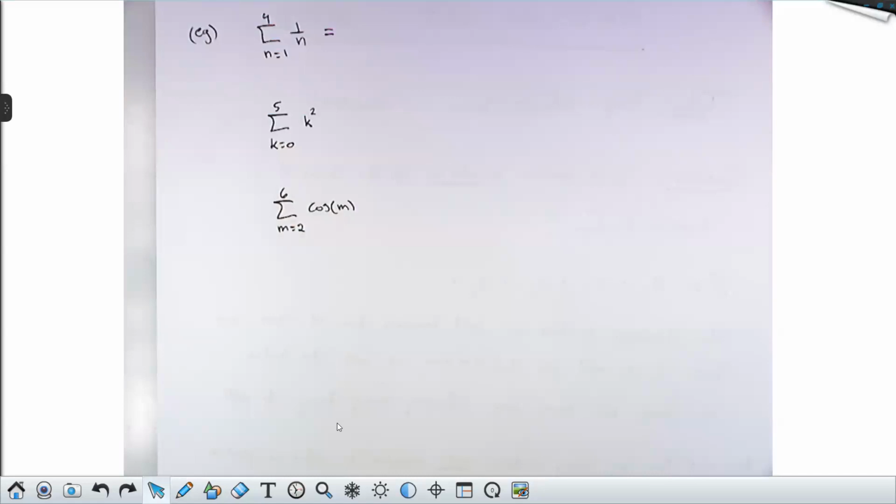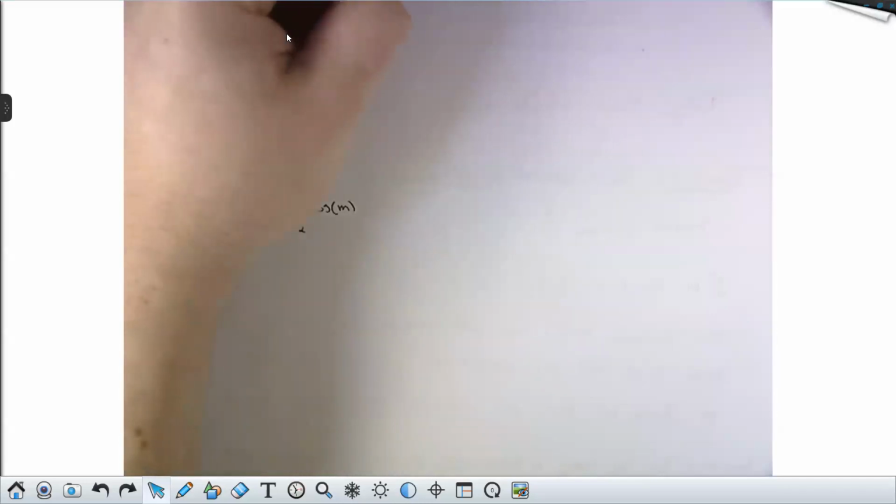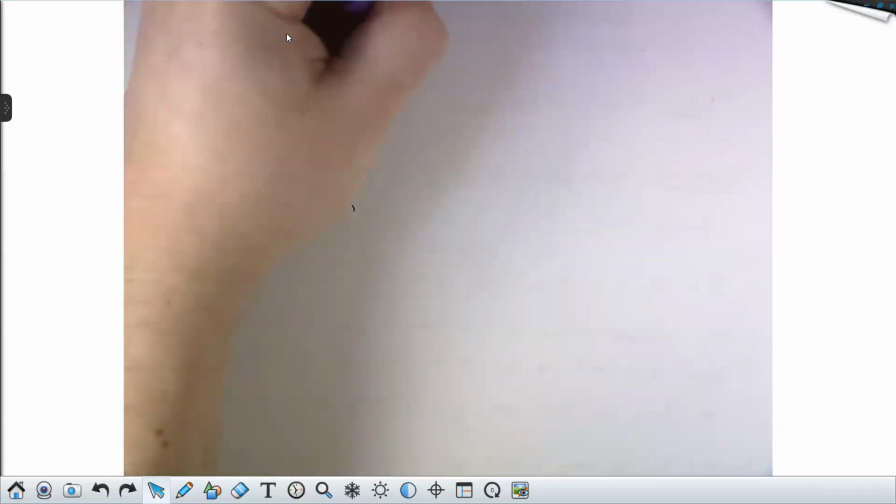Yeah, exactly. So it means I'm going to take numbers of the form 1 over n and add them up. So take stuff of this form and add it up as n goes from 1 to 4. So this would be 1 over 1, plugging in n equals 1, plus 1 over 2, plus 1 over 3, plus 1 over 4.